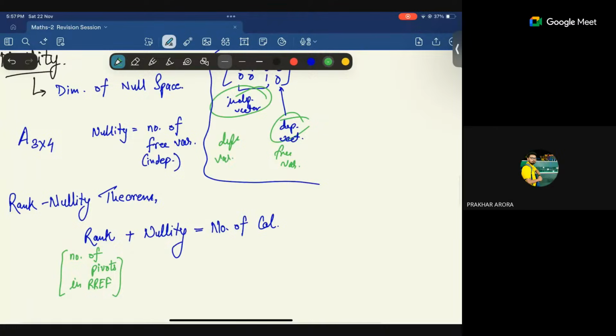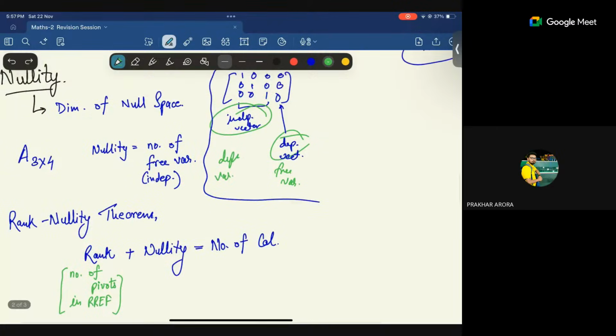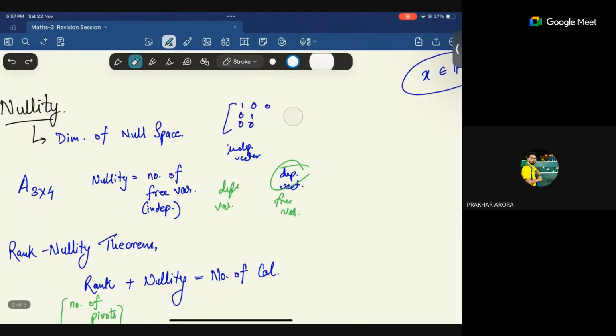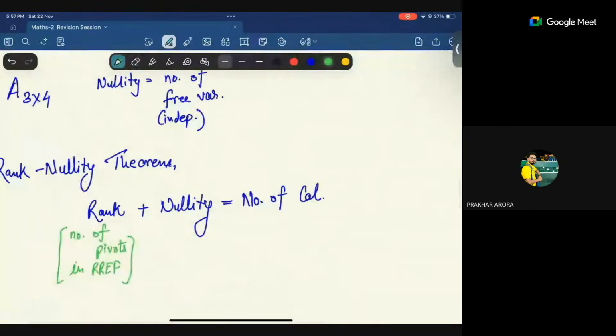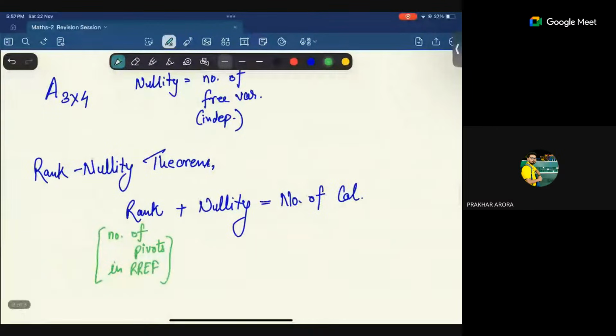Whenever I write the definition of nullity like the earlier one, I always forget. I also suggest you use this approach. It is neat and has much less confusion.